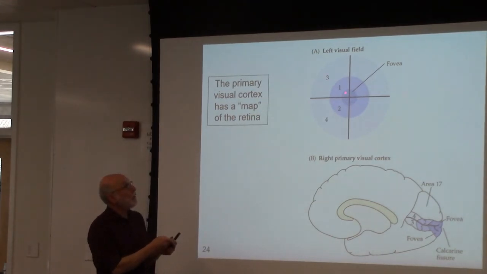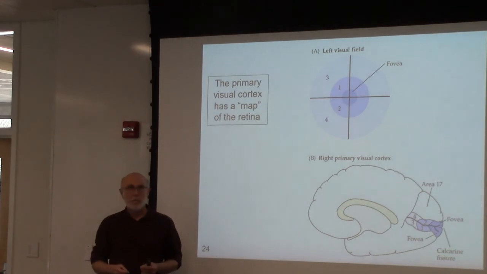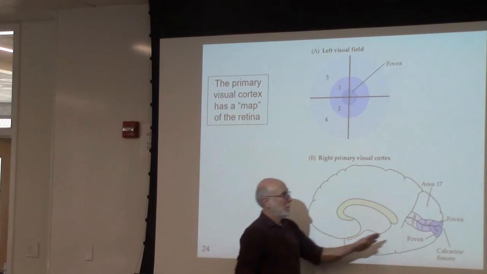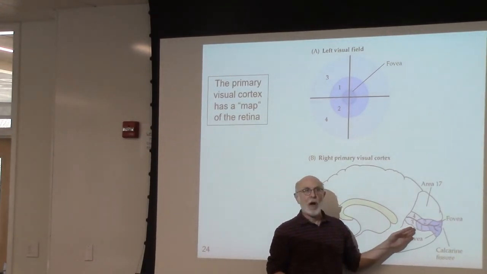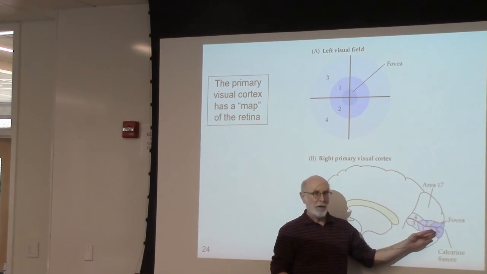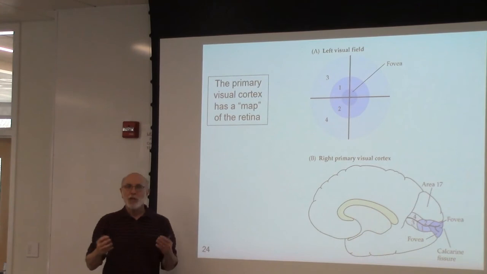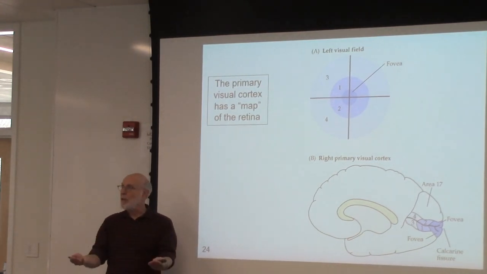Our visual field is a two-dimensional surface, and our visual field is mapped onto the neurons of our primary visual cortex above and below the calcarine sulcus. So just like in the somatosensory cortex, your body is mapped onto the post-central gyrus.